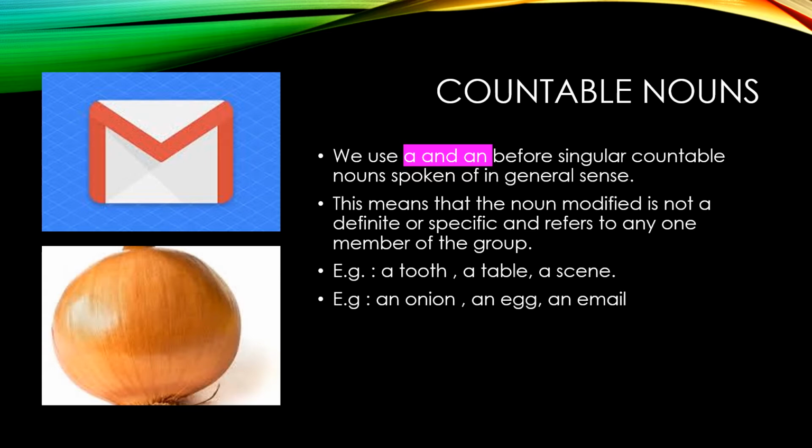So whenever we are talking about anything that is in general and not specific, we use a or an before that noun. For example, a tooth, a table, a scene, an onion, an egg, an email.